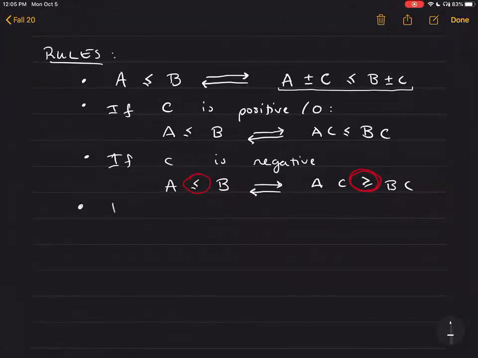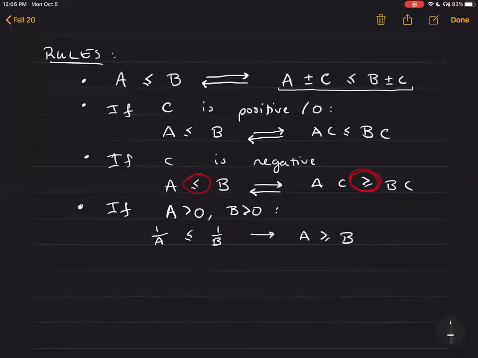So if we have that A and B are both positive without being 0, then we can say that if we have 1 over A is less than or equal to 1 over B, then what happens is we can say that A is greater than or equal to B. So when we flip things around to the reciprocal, the sign also changes.